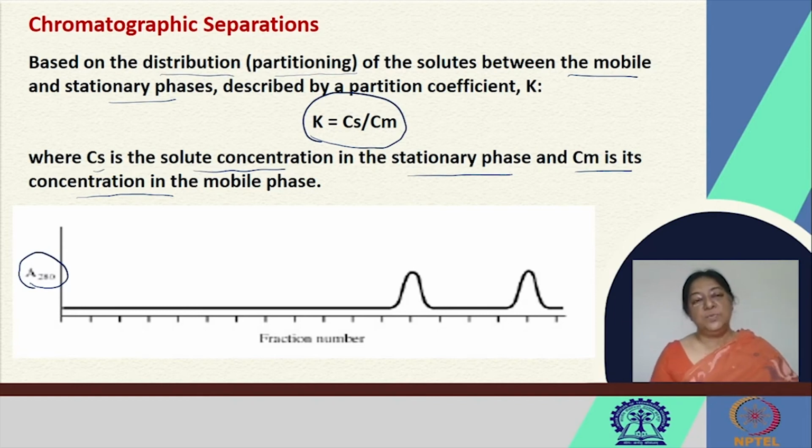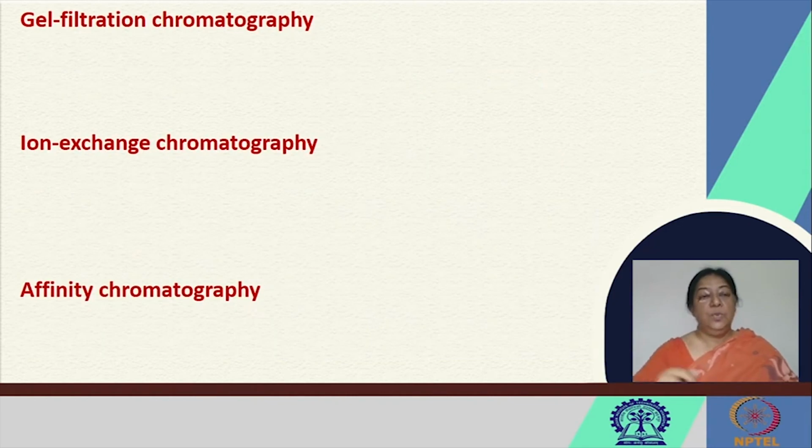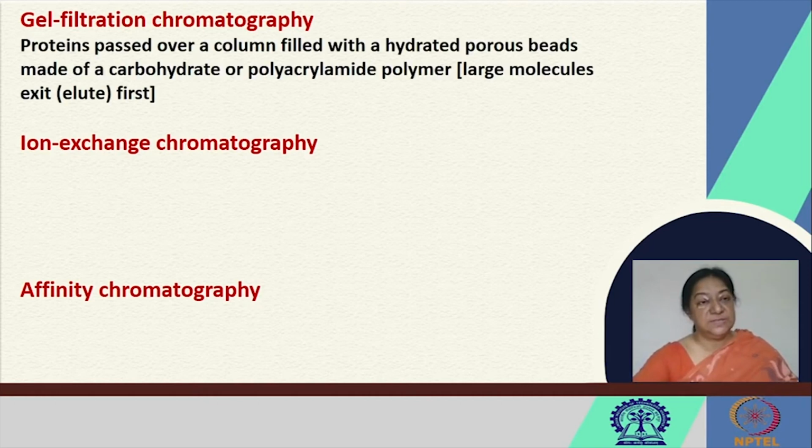Assuming that the proteins we are going to isolate in this case do have aromatic amino acid residues present, we have absorption at specific fractions of our collections that we will look at in a moment, which tell us that these particular fractions are the ones that have proteins in them. So how do we do this procedure? We have 3 methods that we will follow: gel filtration chromatography, ion exchange chromatography, and affinity chromatography. And we will see what properties we are exploiting in each of these cases.